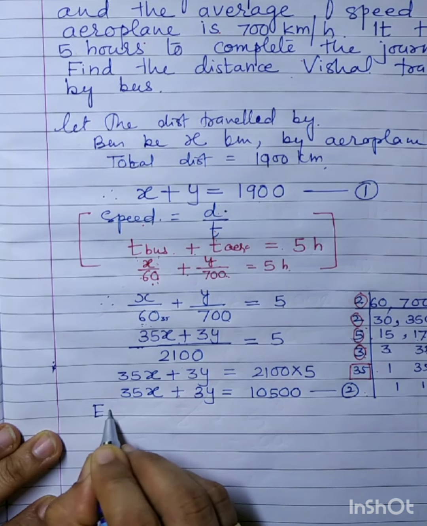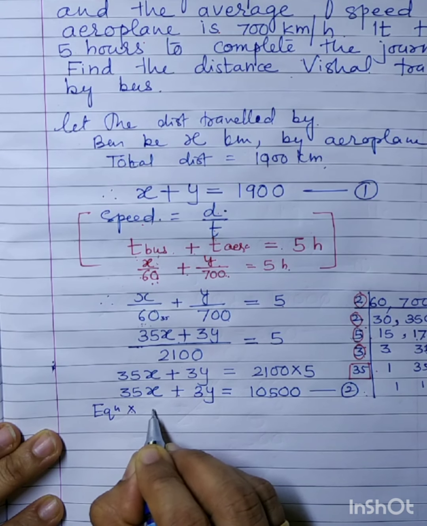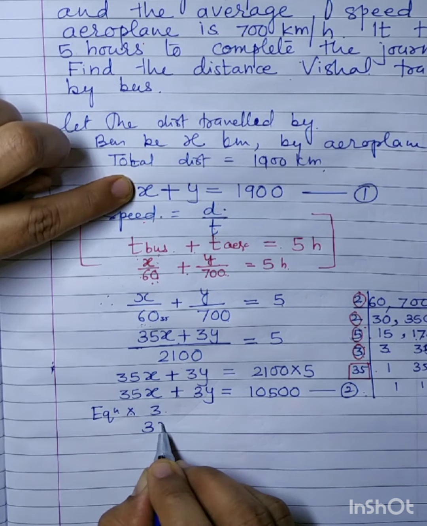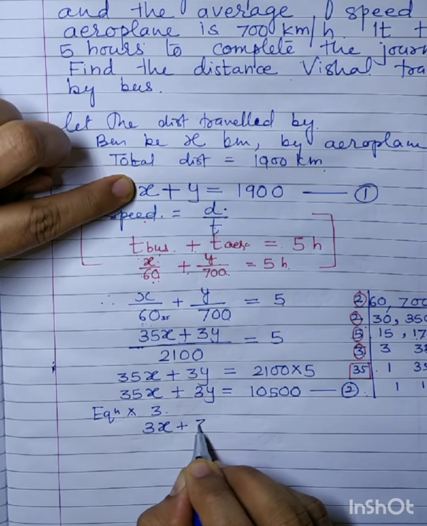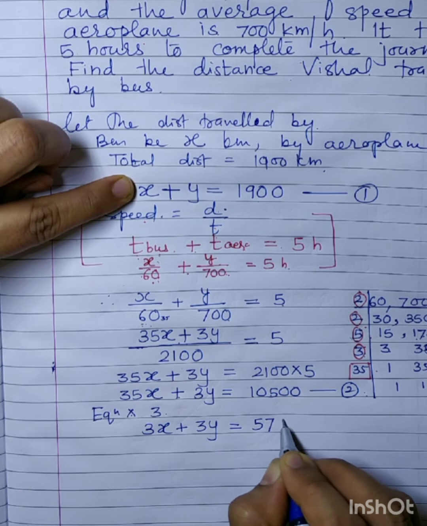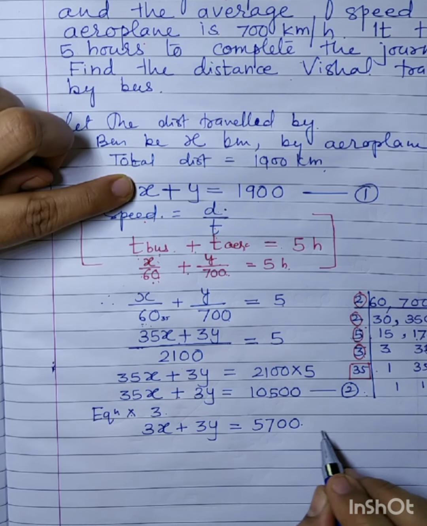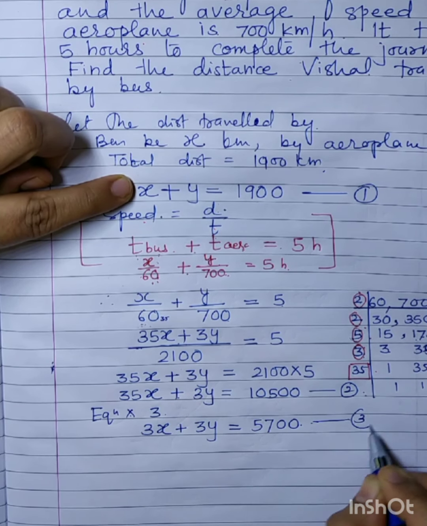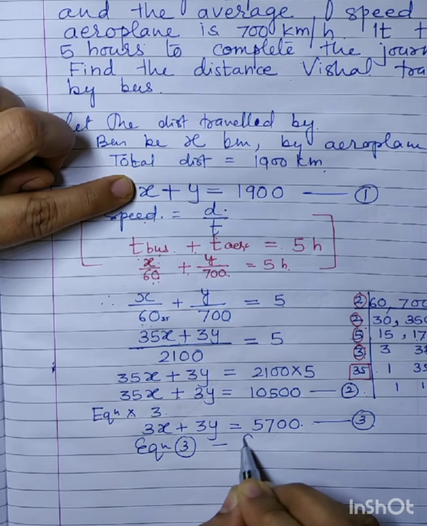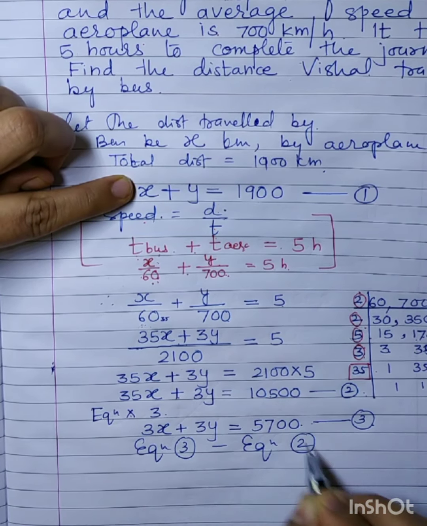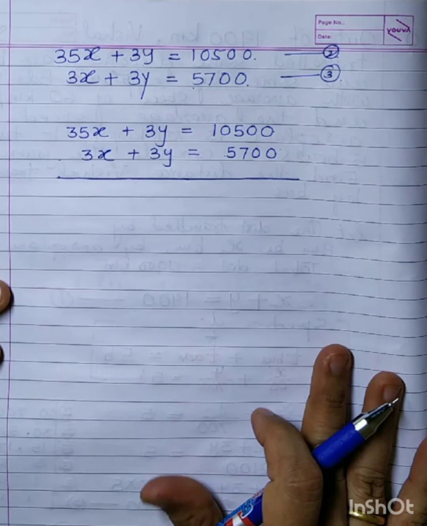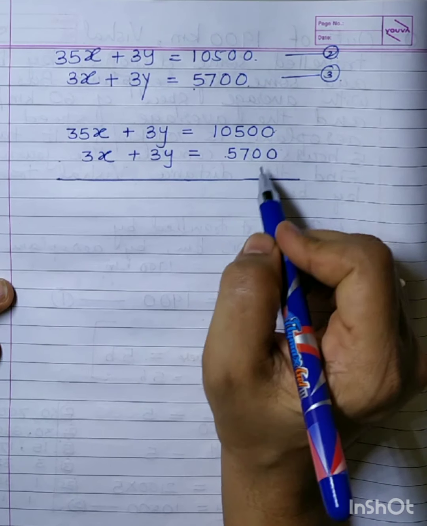Equation 1 multiplied by 3. If I do, I get 3x plus 3y is equal to 19 3s are 5700, right? This is our equation 3. And what we are going to do now is equation 2 minus equation 3. This is your equation 2, this is equation 3.